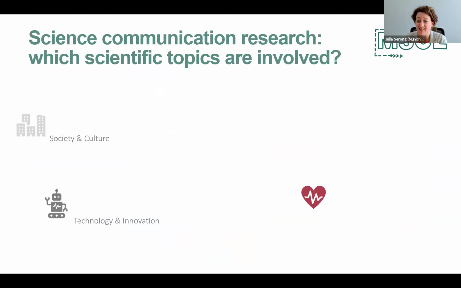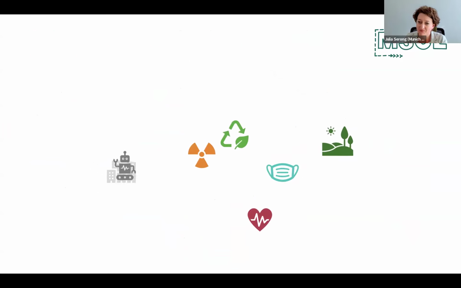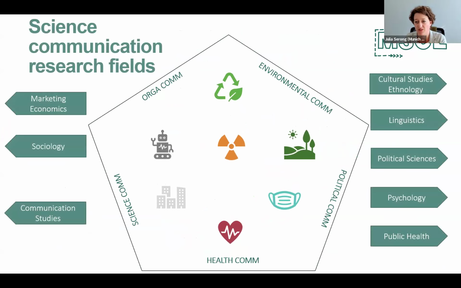So what is happening, and then you come up with your issue, and there again we see we have a broad variety of different fields of topics, of issues that we are interested in. When you focus on a specific topic and issue, and you say you are interested in climate change, or in the communication about a specific disease in a socio-political context, like, for example, the COVID-19 pandemic, then again you will see that you are confronted with certain other disciplines.